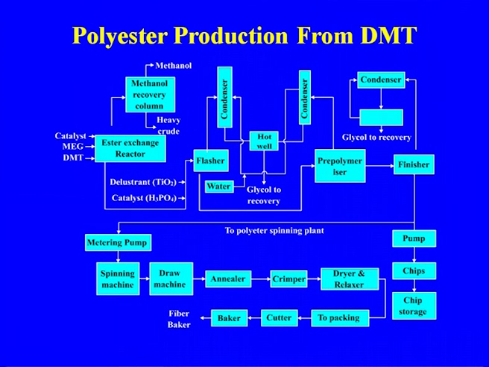This is the process from the DMT route, and here you see the same chips, from chip storage to packaging, or the chips we get after polymerization, go for melting, spinning, draw machine, annealer and the crimper, and then the dryer, etc. The process is the same; only the reaction which I discussed earlier differs slightly, and here you get methanol as a byproduct.